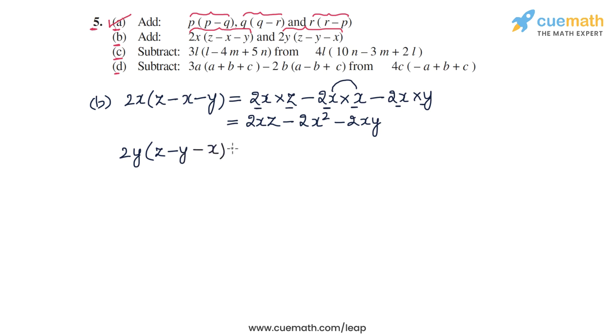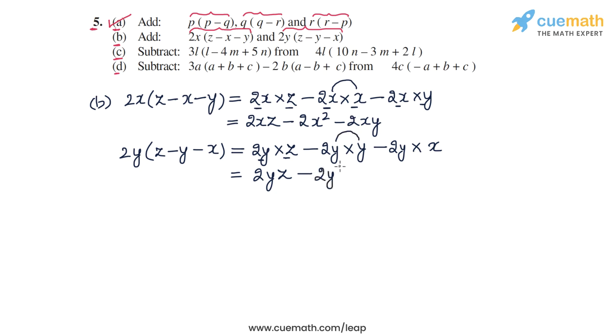So once again we apply the distributive law, and this will give us 2y into z minus 2y into y minus 2y into x. So 2y into z is 2yz. Then we have minus 2y into y. So y into y is y square, so we get minus 2y square. And then we have minus 2y into x, so we can write this as minus 2xy.